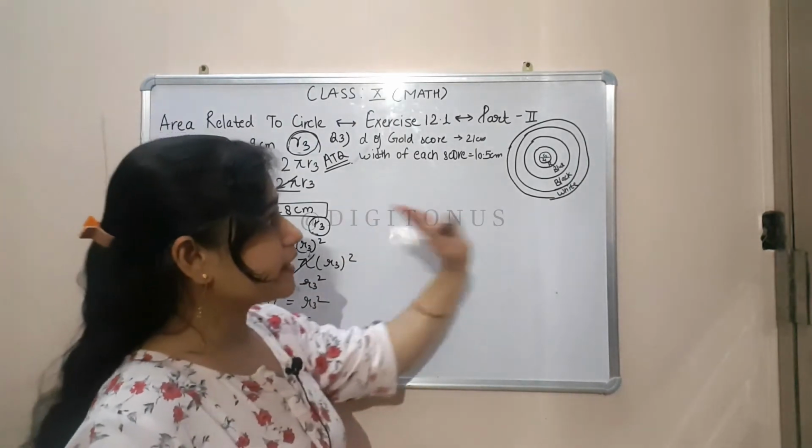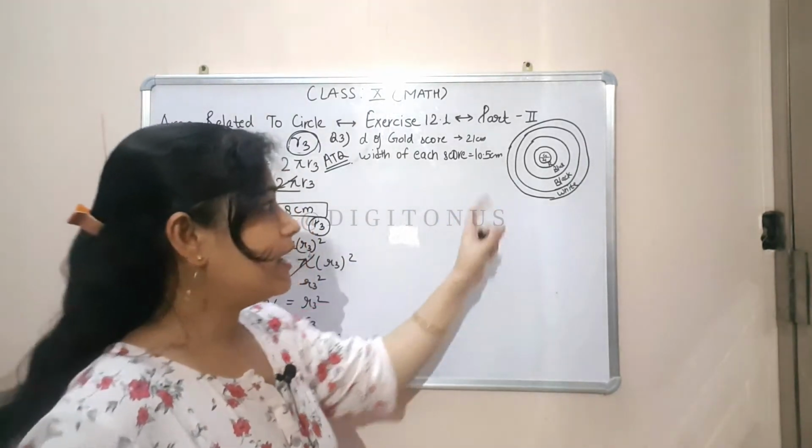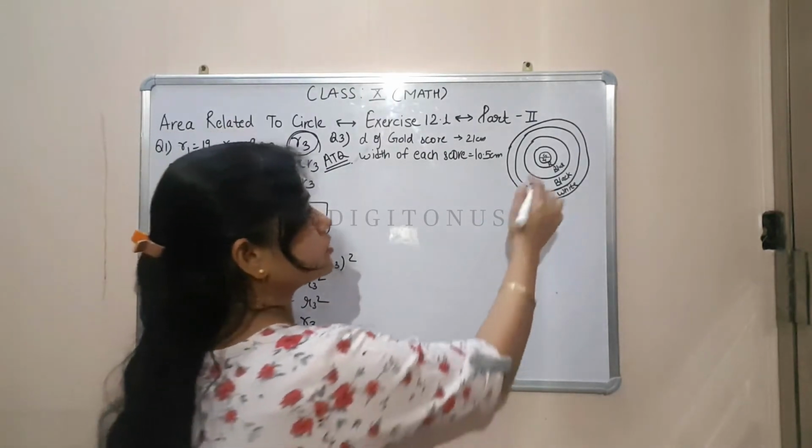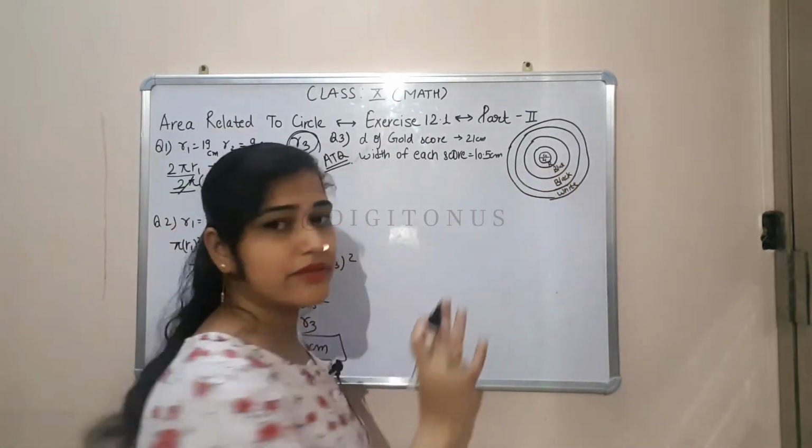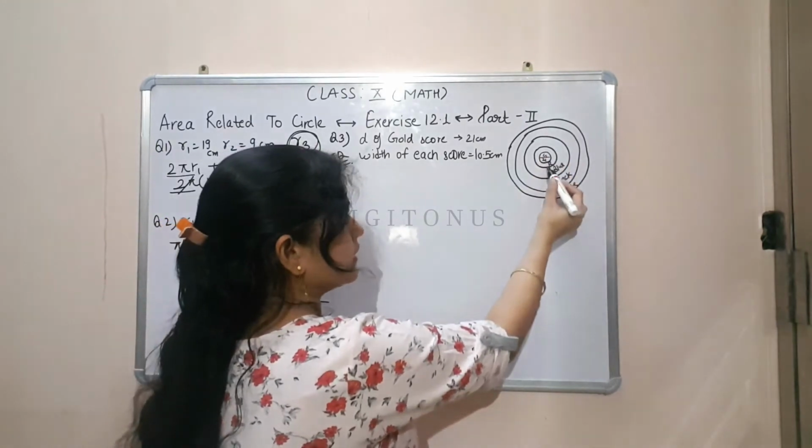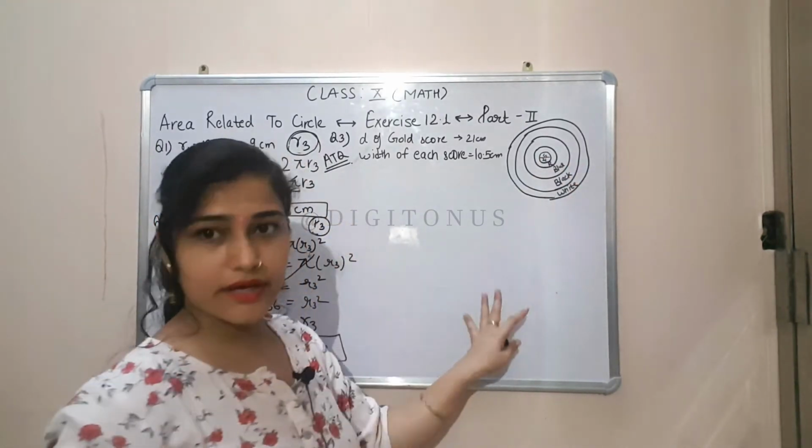In the third question they have given a scoreboard, and in this scoreboard there are a total of 5 regions: gold, red, blue, black and white.